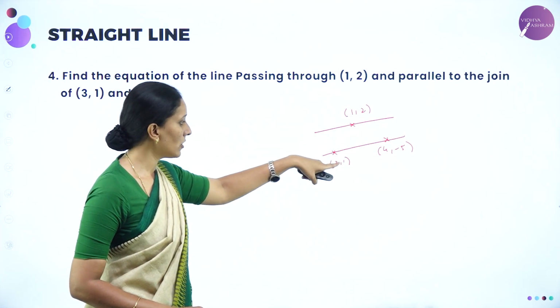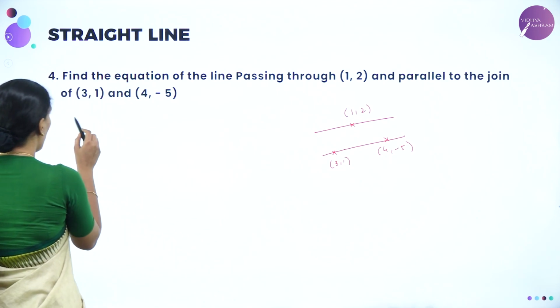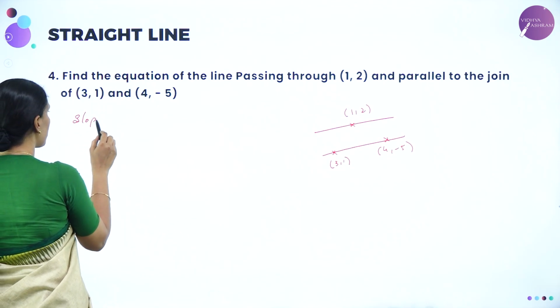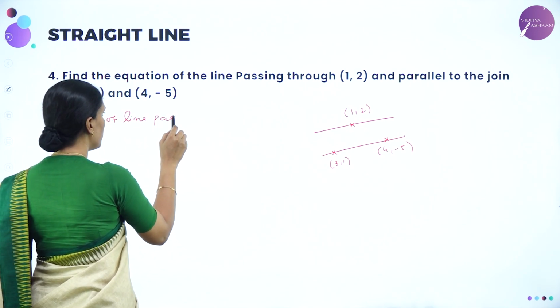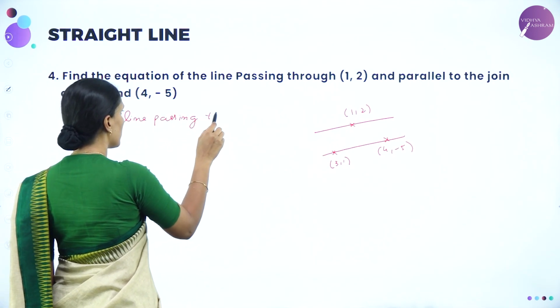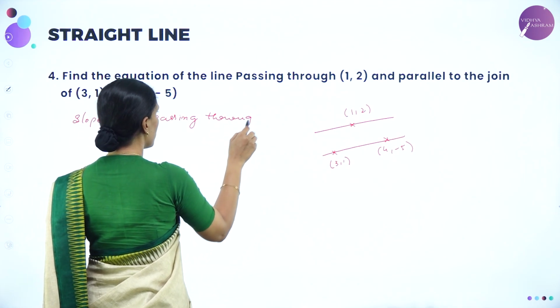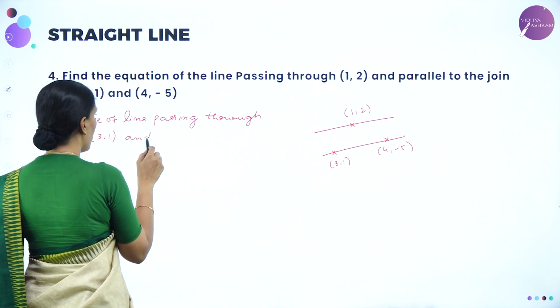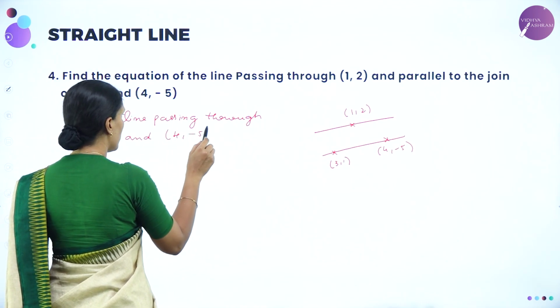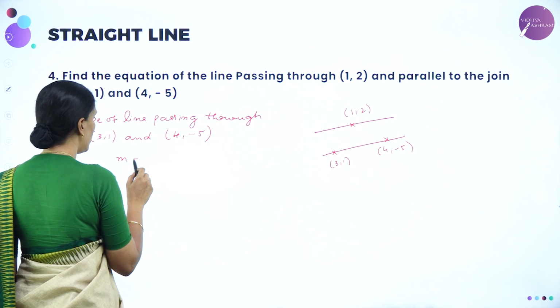So first let us find the slope of this line, the slope of the line passing through (3, 1) and (4, -5). Let me consider it as m.